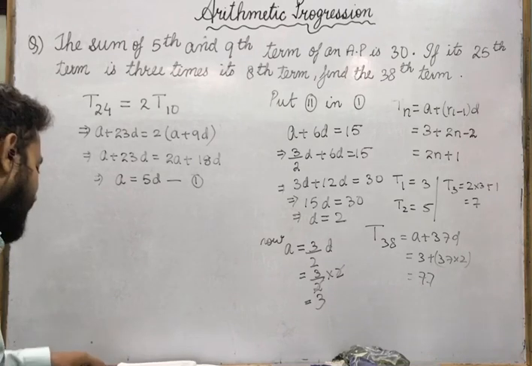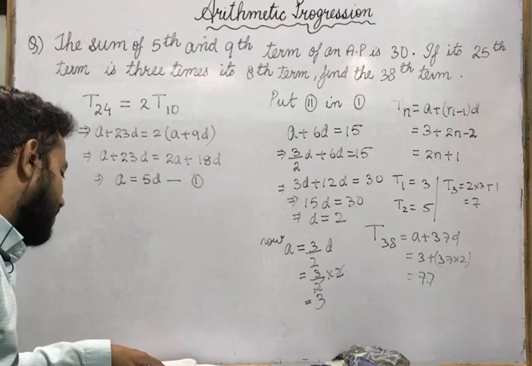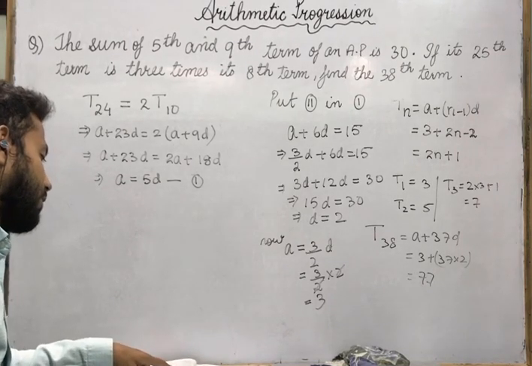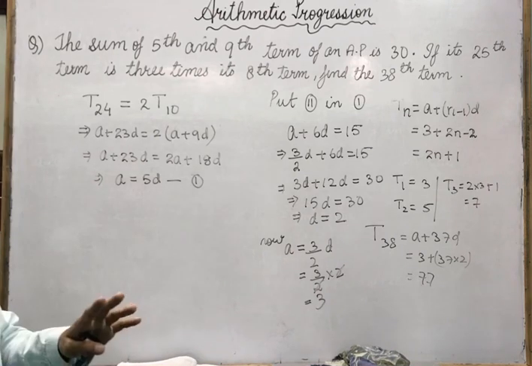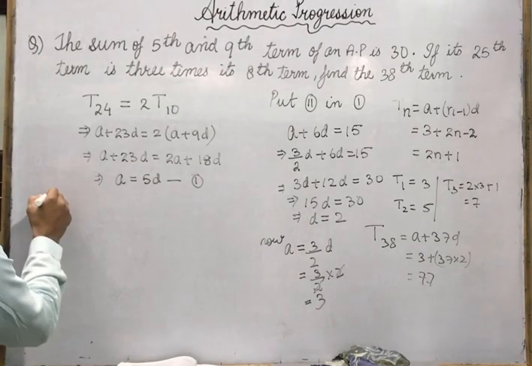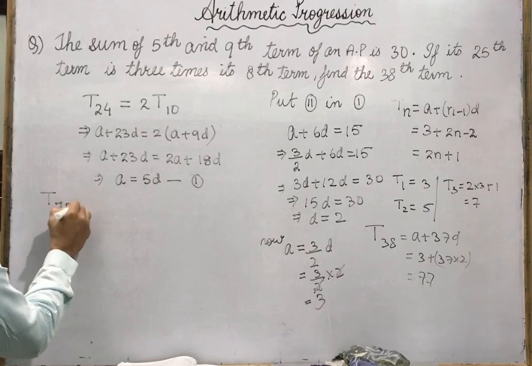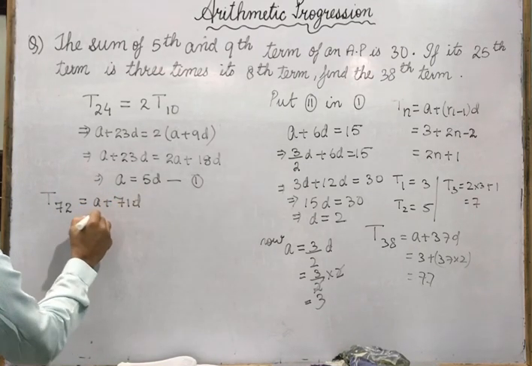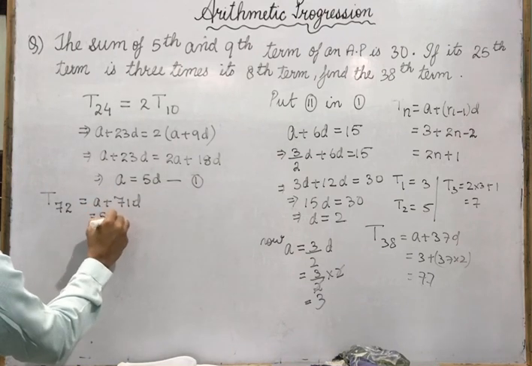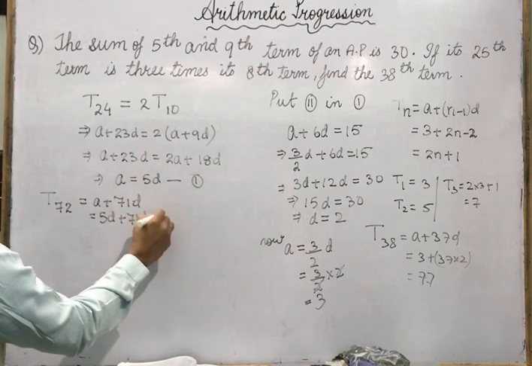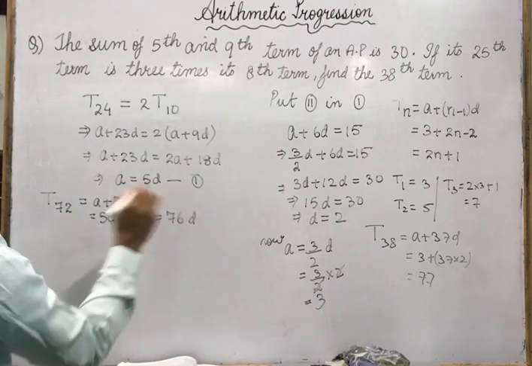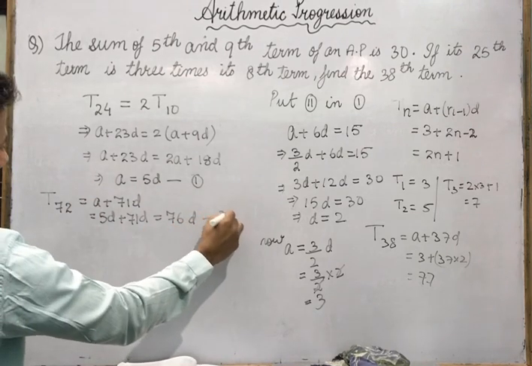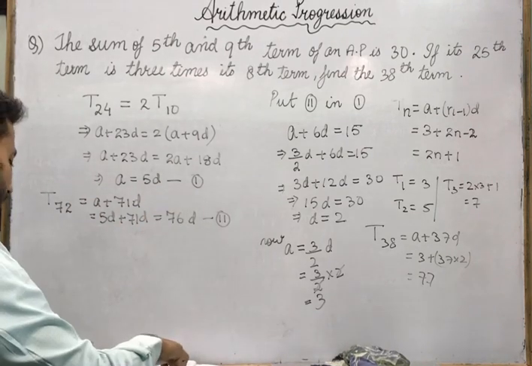Now the next is show that its 72nd term is 4 times its 15th term. एकदम आसान, दोनों को अलग अलग करेंगे. What is the 72nd term? T72, that is A plus 71D. A का वैल्यू कितना है? 5D. पुट कर दिया 5D और ये 71D. This is 76D. ठीक है, second is 4 times its 15th term.